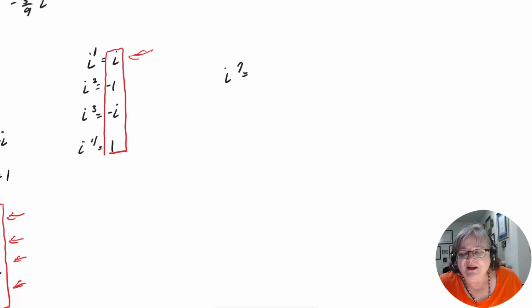So the pattern of 4 goes into 7 one time with a remainder of 3. So it's going to pass through this pattern one time, and then kick back up here and go down to 3 and stop. So i to the seventh should stop at the same spot i cubed is, which is negative i.